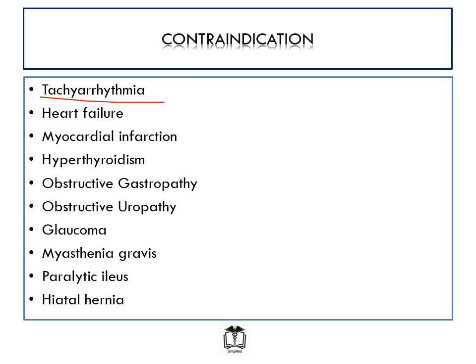Heart failure could also be a contraindication, myocardial infarction, hyperthyroidism. Obstructive gastropathy and obstructive uropathy are both surgical cases, so there's no need to give drugs for these particular conditions. Glaucoma is also a contraindication. We use cholinergic agonists to treat glaucoma. Giving a cholinergic antagonist will worsen a person's case.